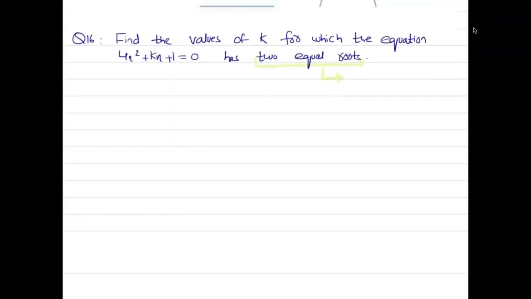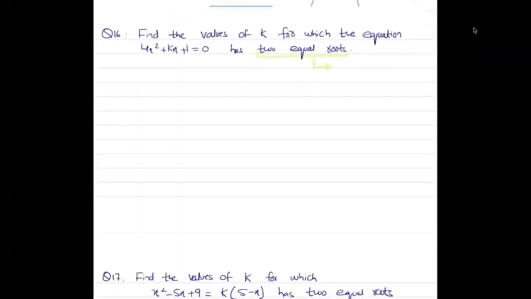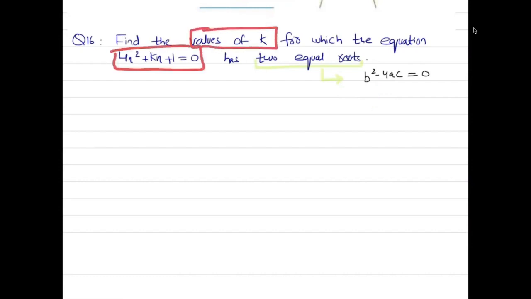So what case was it? When do you get two equal roots? When the discriminant of a quadratic equation is equal to 0. So if the discriminant of the quadratic equation is equal to 0, then you're going to get two equal roots. So we need to find that value of k in this quadratic equation for which the roots of this equation are going to be equal.